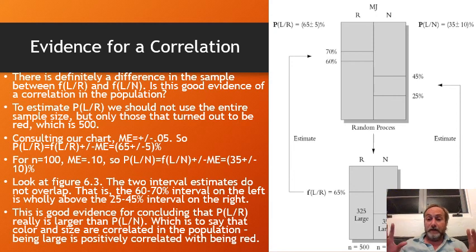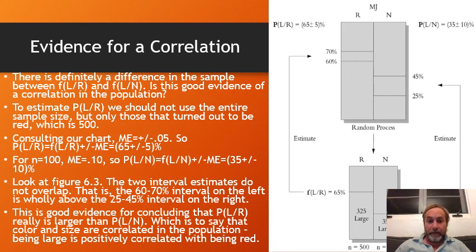The probability of large conditional on non-red in the population will be equal to the sample frequency for large conditional on non-red plus or minus the margin of error, which is equal to 35 plus or minus 10%. You'll see that illustrated on the top on the right there. So 35 plus 10% is 45, 35 minus 10% is 25. So our interval there is between 25 to 45 on the non-red side.